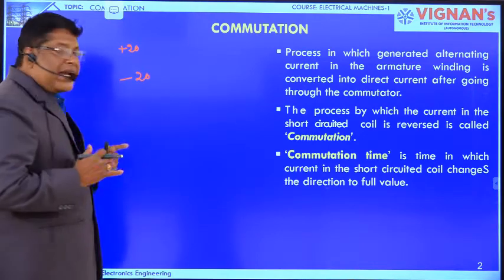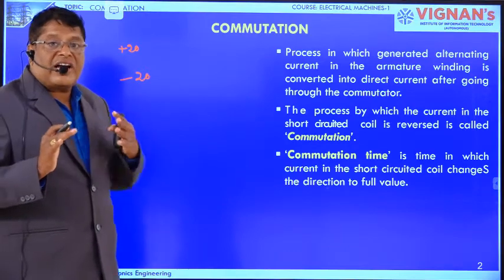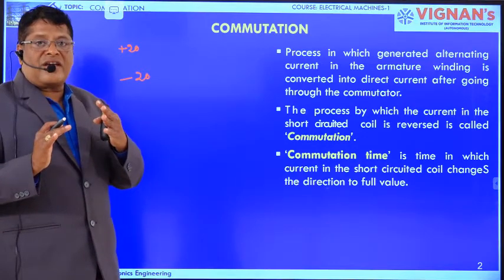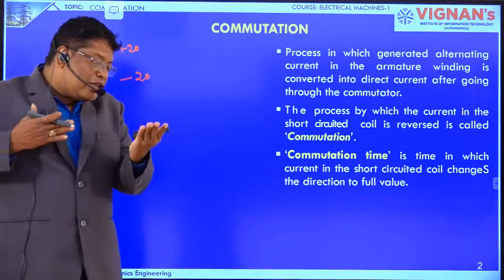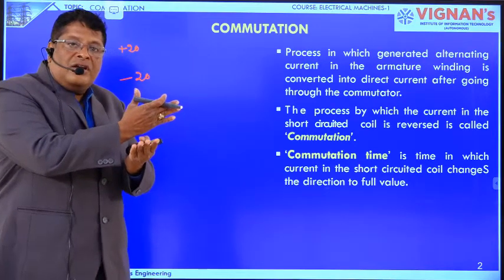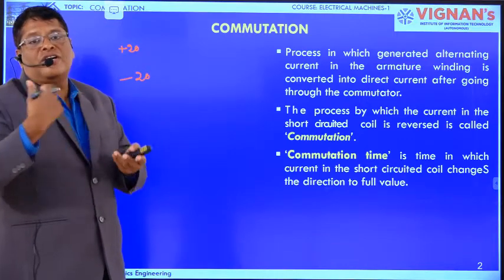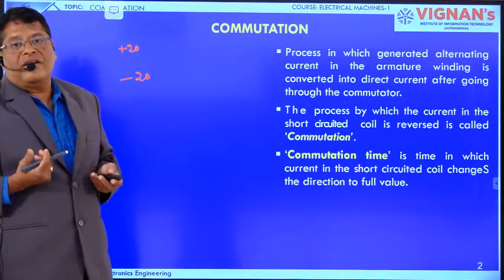Here plus and minus represent the direction of the current. If the current flows in one direction, take it as plus; if it flows in the opposite direction in the same coil, take it as a negative value.